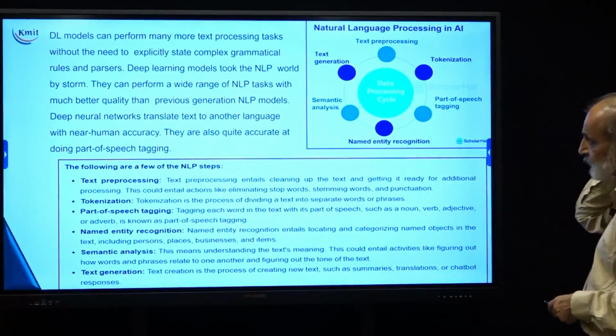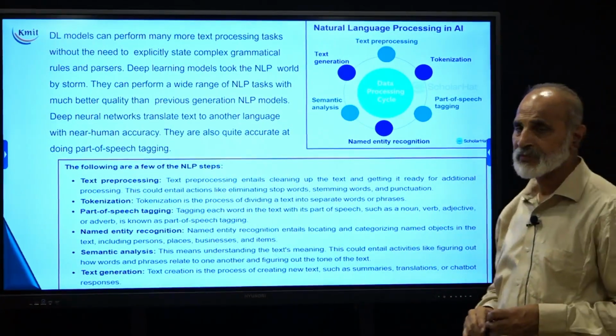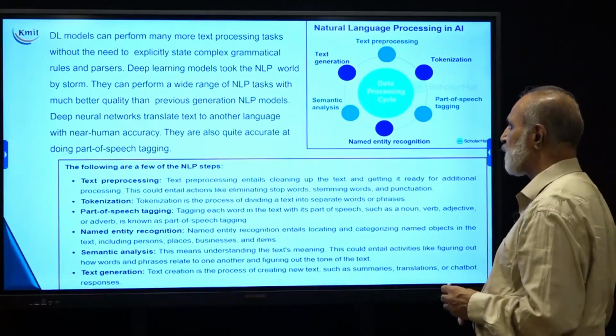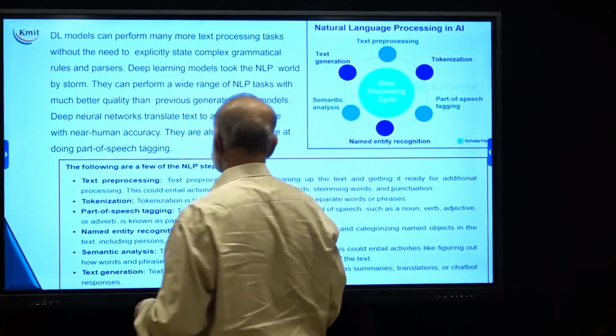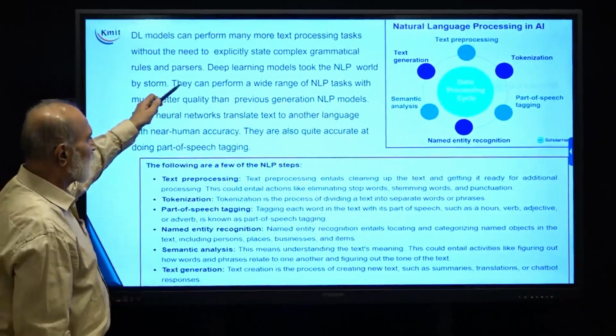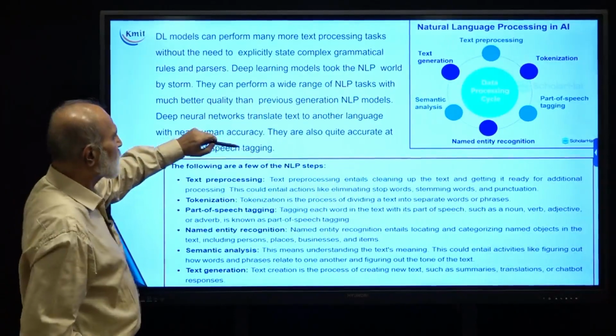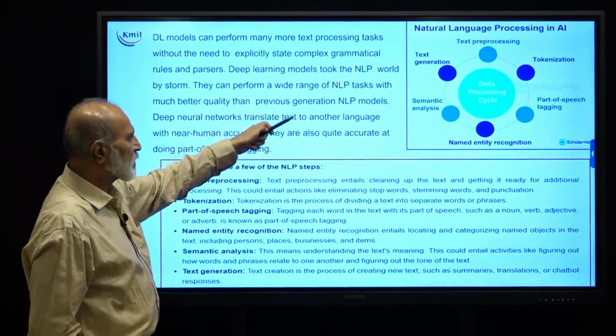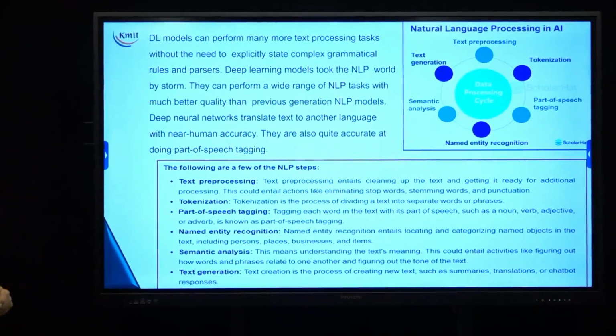These kinds of analysis are what we call part of NLP. So, deep learning models can perform many tasks without the need for explicitly stating the grammatical rules. More or less we are dealing with grammar. Deep learning models take NLP words and can perform a wide range of NLP tasks much better than the quality of a human.